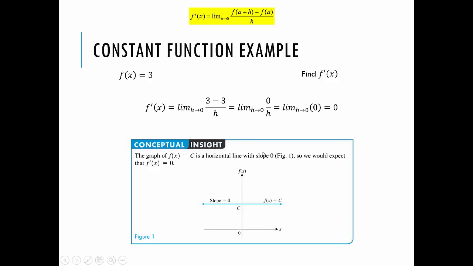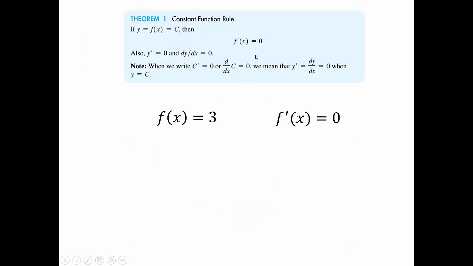Remember that when you're finding the derivative, you're finding the slope, the rate of change. So the constant function rule says if you have any constant, it doesn't have to be 3, it could be 15, it could be pi, then the derivative of a constant is 0.